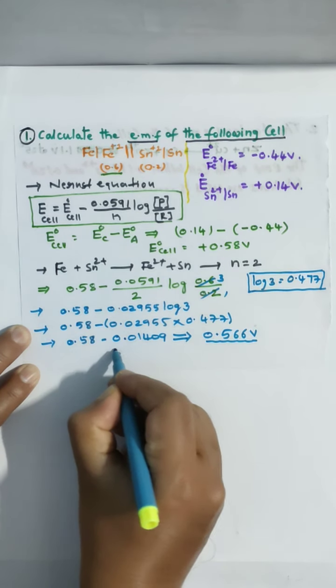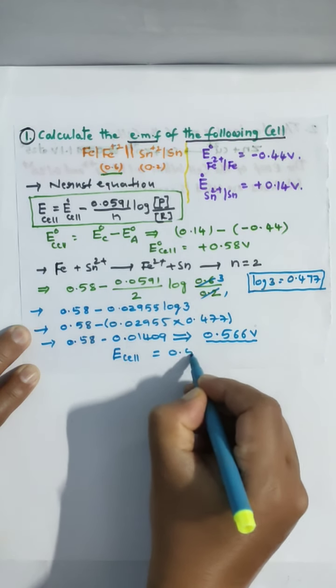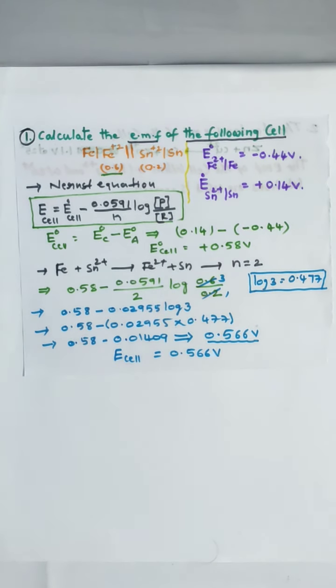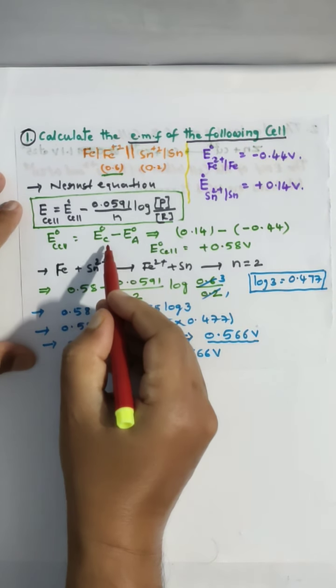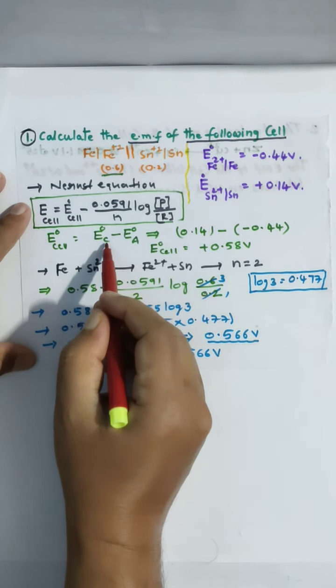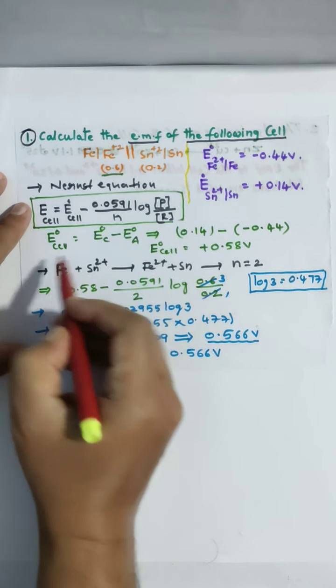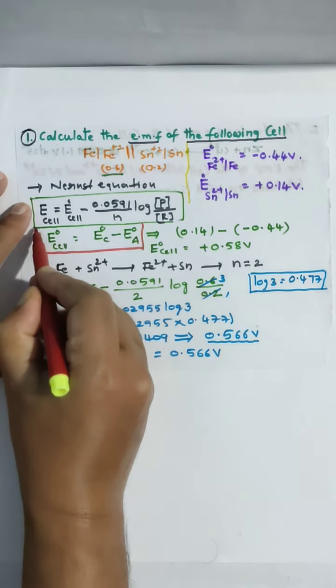Now E cell is nothing but EMF, 0.566 volt. Whenever they don't give E naught cell, first you have to calculate E naught cell. E naught cell equals E naught cathode minus E naught anode. This formula also you have to remember.